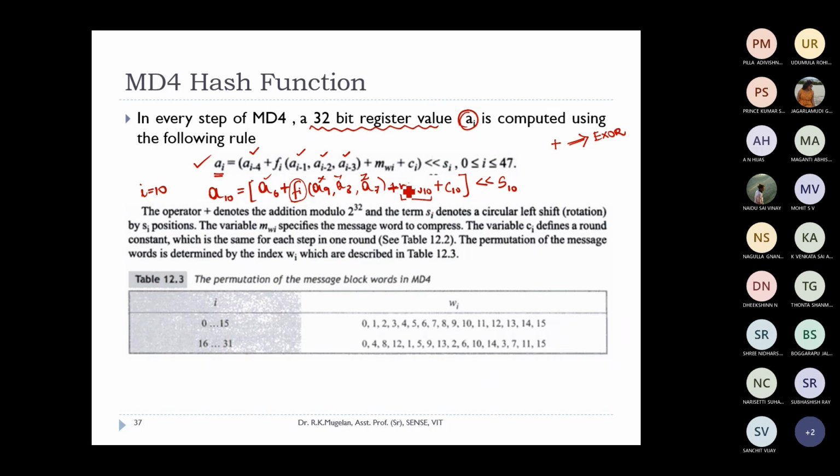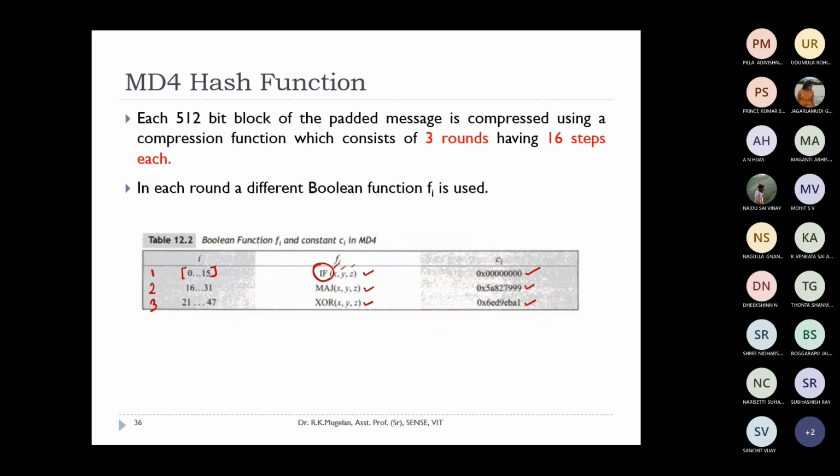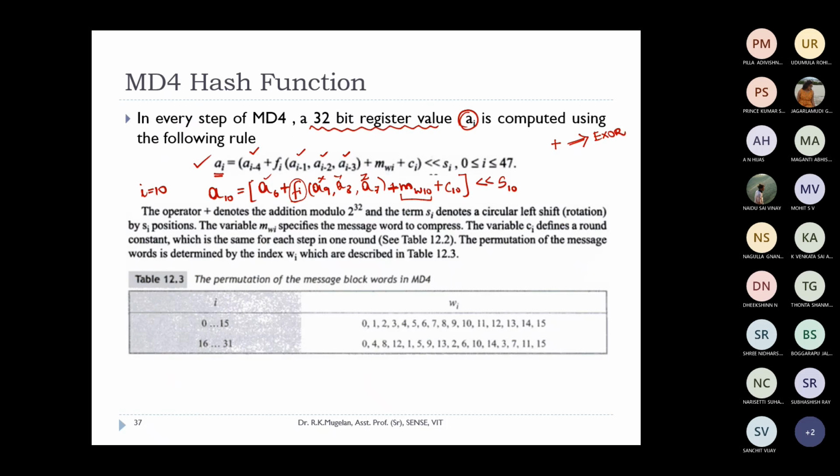This MW10, M is nothing but your message word. We just saw these words M0, M1, M2 up to M15. Here we named it MK, there they call it MW, that is a message word. MW of I, here in this case 10, so WI.